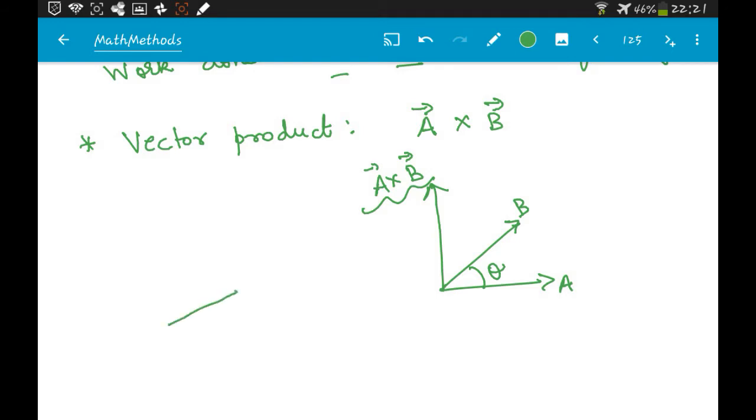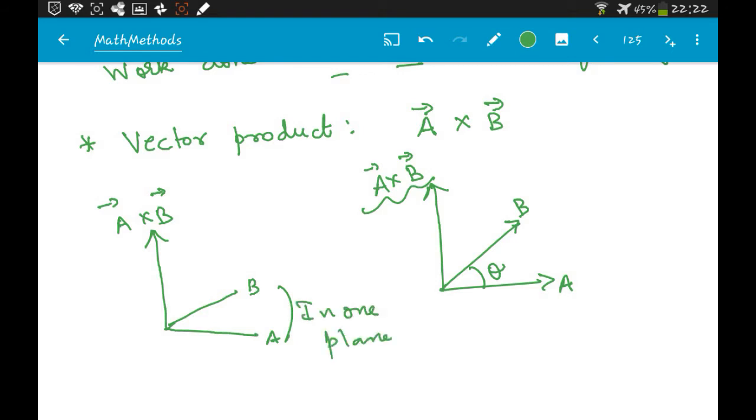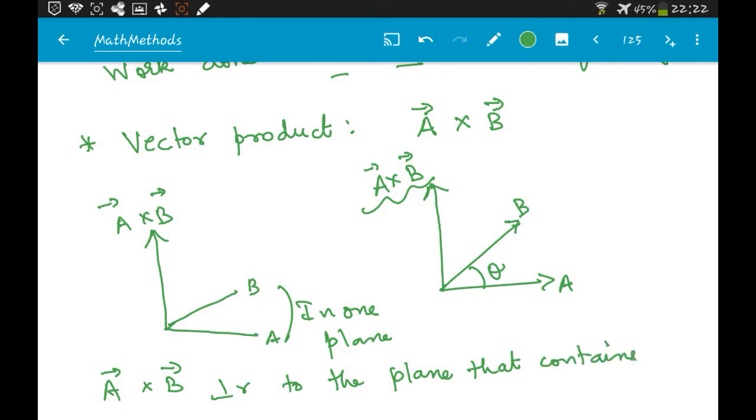A and B are in one plane, and A cross B is perpendicular to the plane that contains A and B.